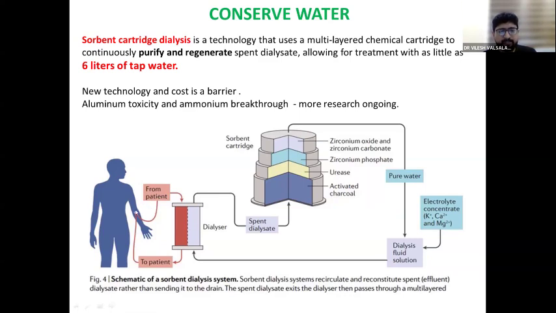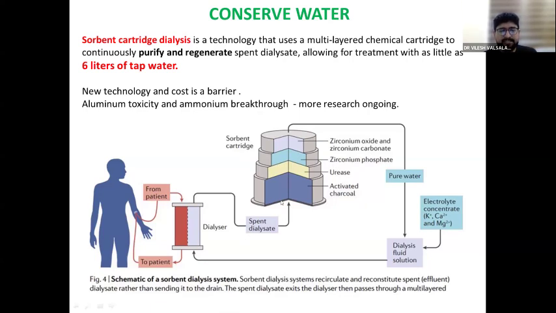Basically, the blood comes from the patient, goes to our normal routine dialyzer, and is sent back to the patient. The spent dialysate now passes through this sorbent cartridge. The sorbent cartridge contains zirconium oxide, zirconium carbonate, zirconium phosphate, urease, and activated charcoal.